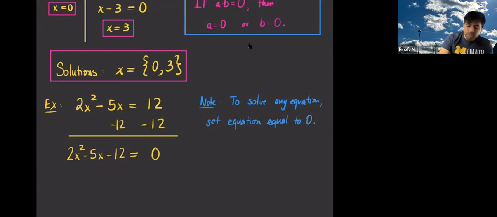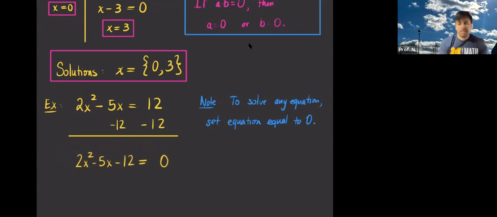And now what do we have on the left-hand side? We have a trinomial. Now, how do we factor, if possible, this trinomial? What do we have to do?